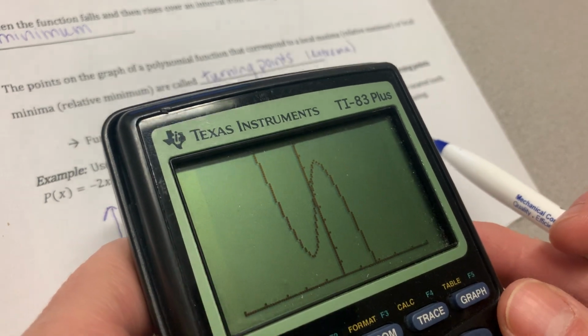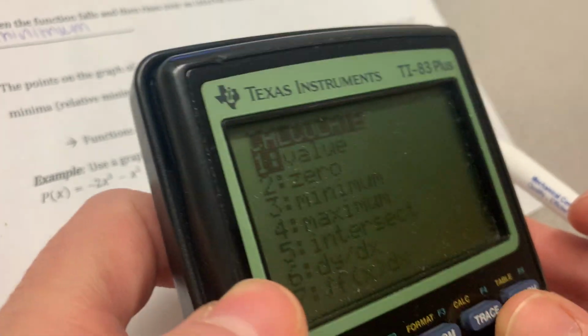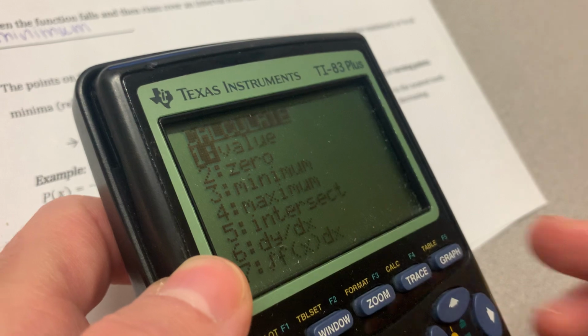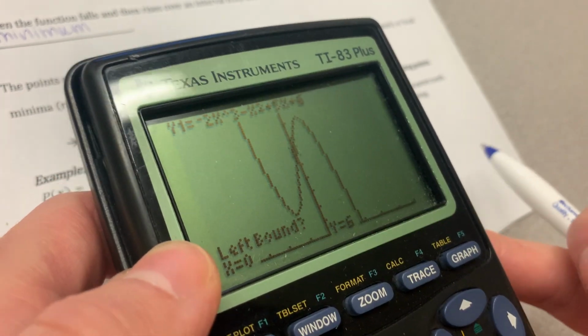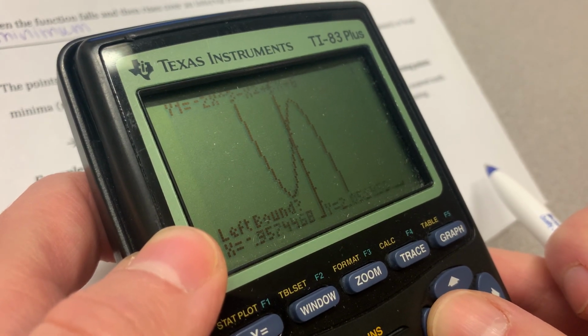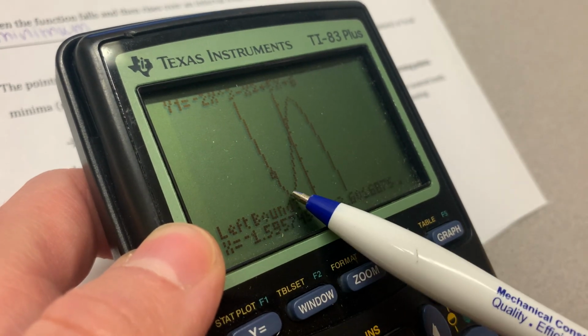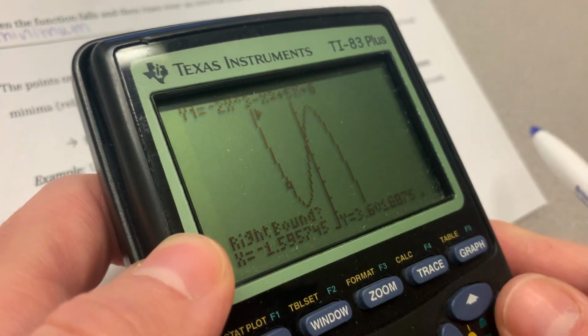Okay, so I'm going to go to second trace, because when I hit second trace, I'm really talking about the calc functions here, and I'm going to calculate a minimum value. Now it says left bound, so I'm going to use my arrows and go to the left. And I want you to go to the left, not too ridiculously far. Hit enter, and now it's saying, what's the right bound?